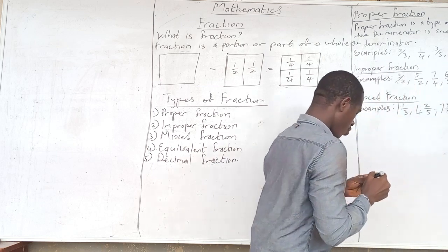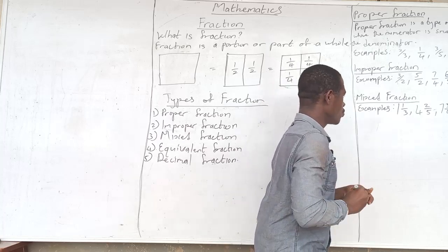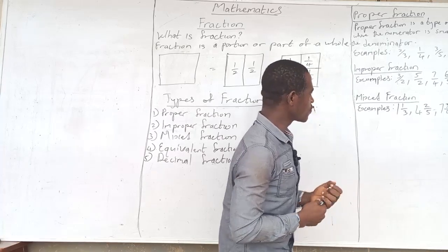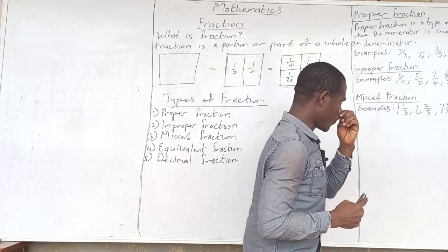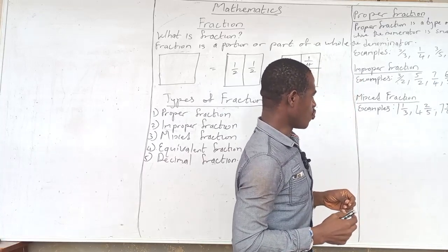Now these are examples of mixed fraction. We have 1 whole number 1 over 3, 4 whole number 2 over 5, 7 whole number 3 over 4, 8 whole number 1 over 9.